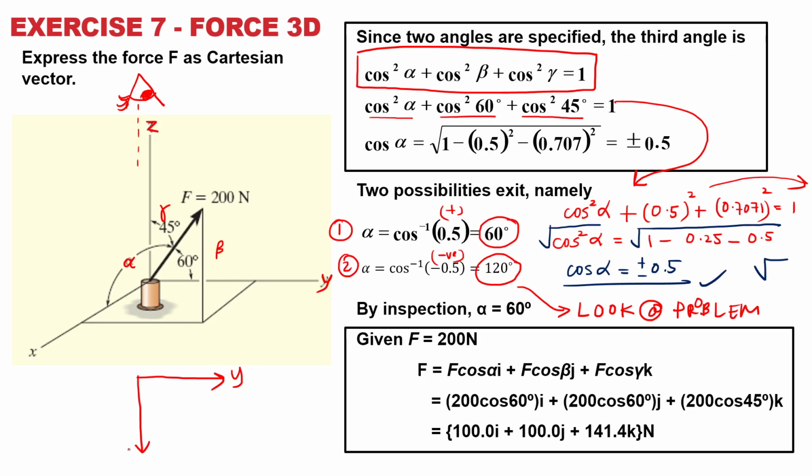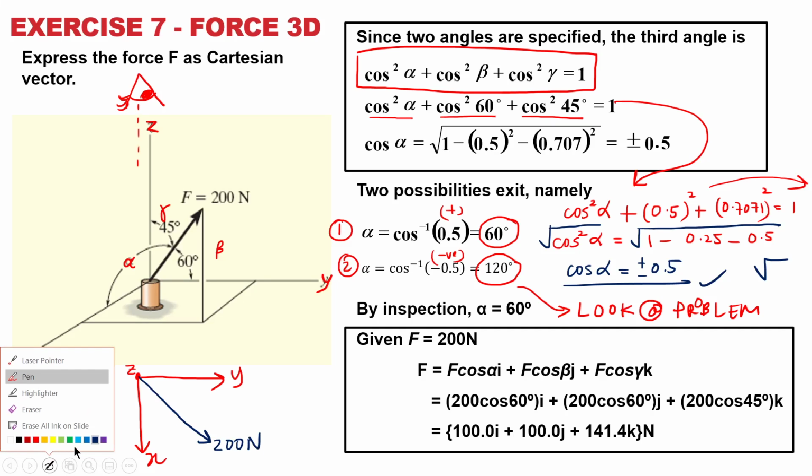This one is definitely going to be the X-axis. Where is your Z-axis? Z-axis is actually here. That is your Z-axis. So now, draw your force. Your force is going to be like that. This is your 200 Newton.